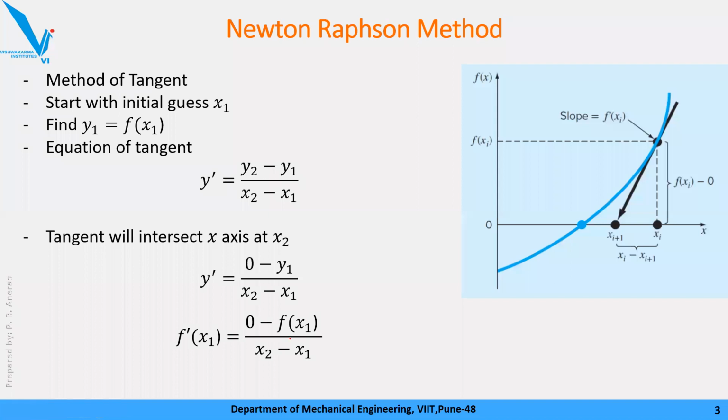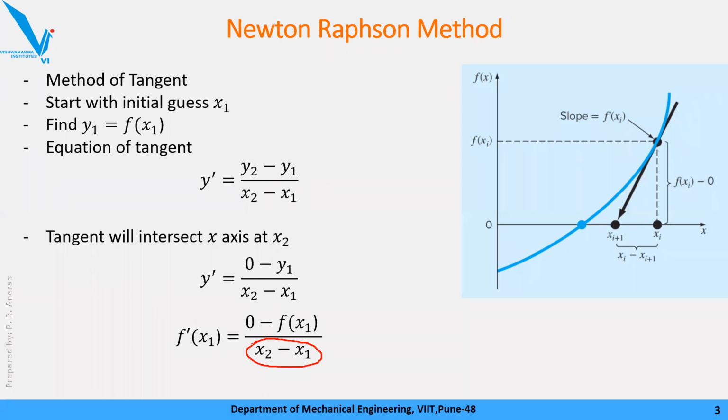Now we are going to get a formula by simplifying this equation. Simplify a little and you will get the equation of the Newton-Raphson method. This is an iterative method. Newton-Raphson, or roots of equations, all methods are iterative.